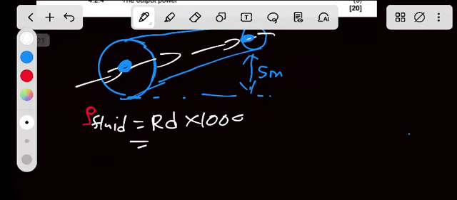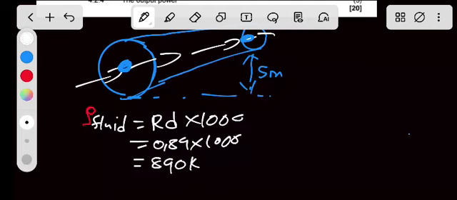So 0,89 multiplied by 1000, this is for water, will be 890 kg per cubic meter. Remember, it's measured in that unit. That is our density.